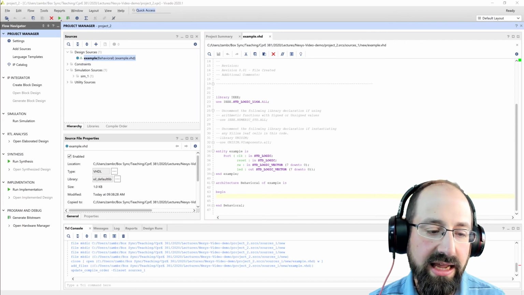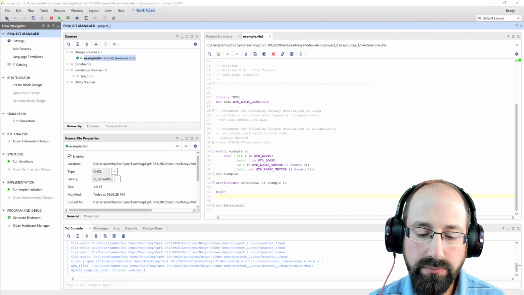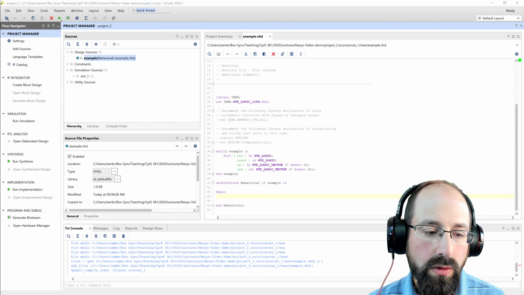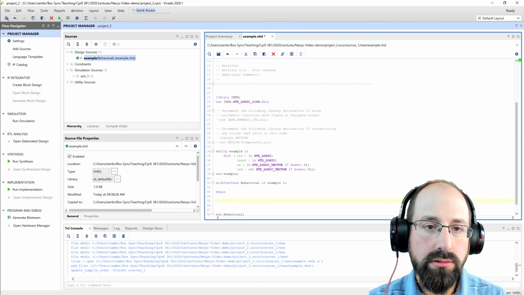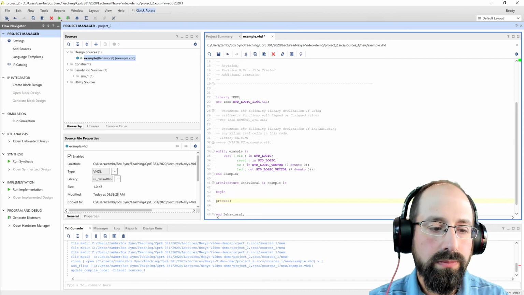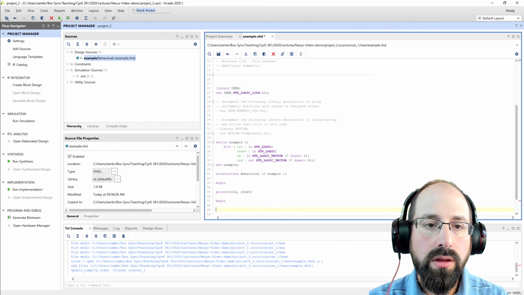So we could just say, let's create a process that takes the values of the switches and maybe we can invert it or something like that.